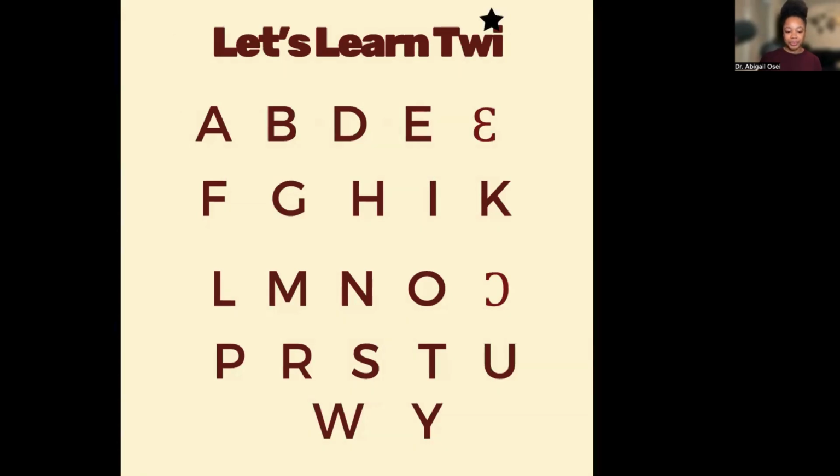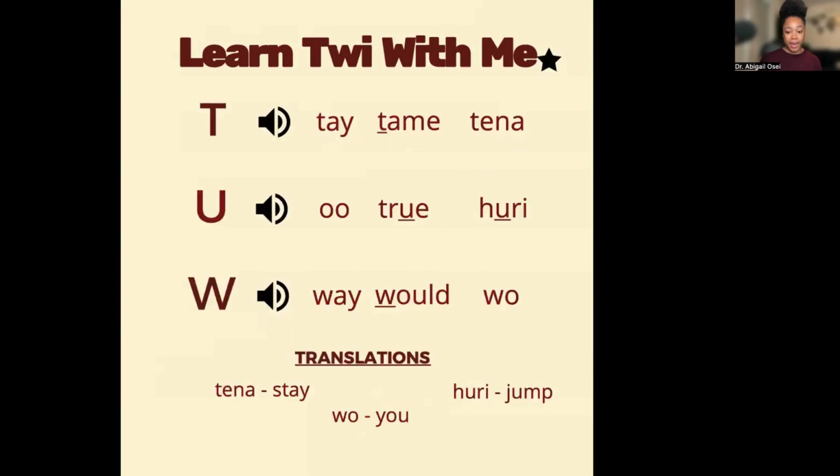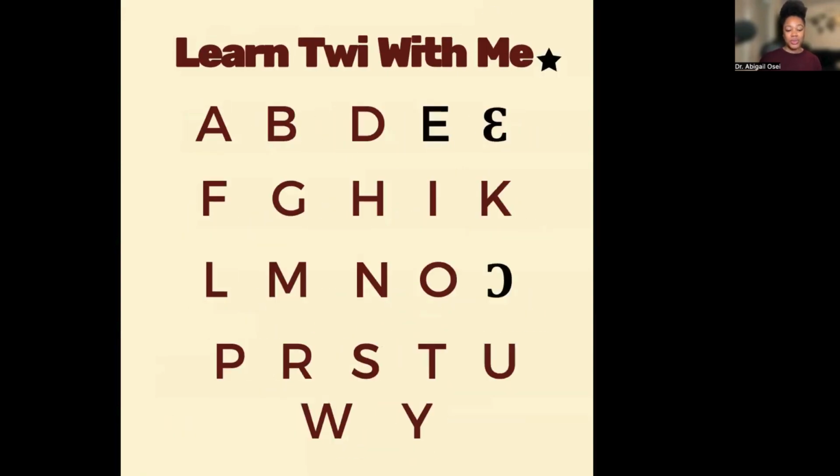Oh, it's actually right here. But no, I want to go back so we can do rapid fire. A, B, D, E. So the letter A in Twi is pronounced A. The letter E in Twi is pronounced A. What looks like the backwards three is A, and what looks like a backwards C is O. So from A to Y, let's go.